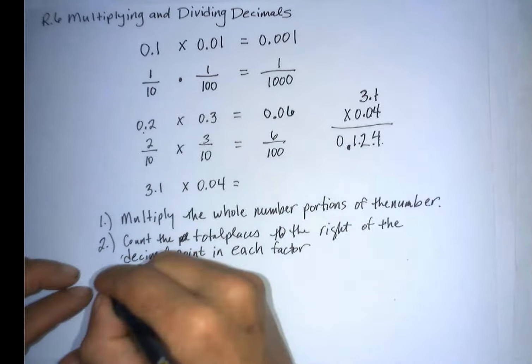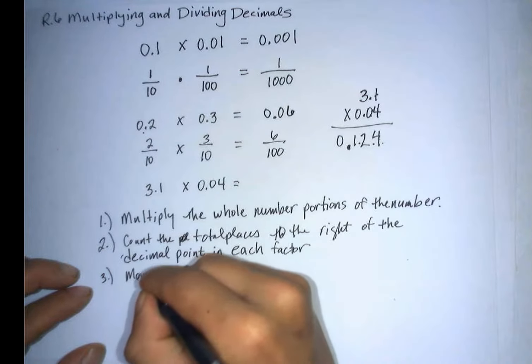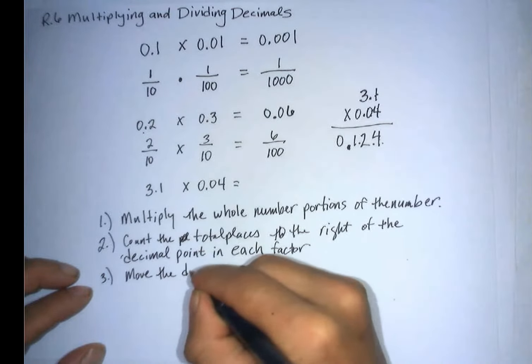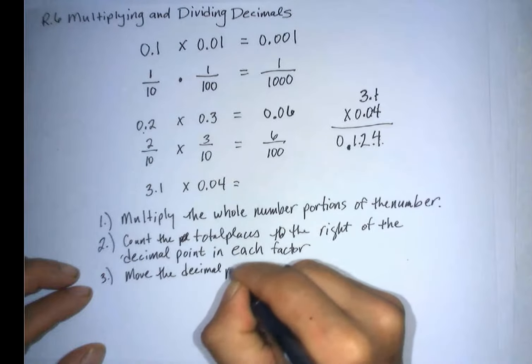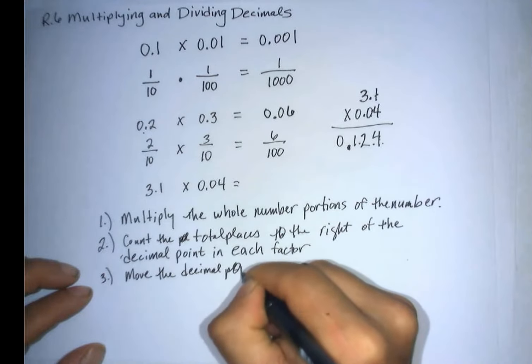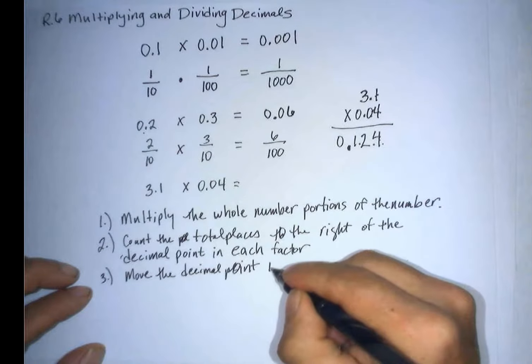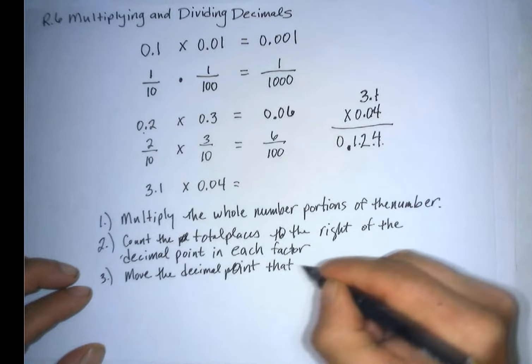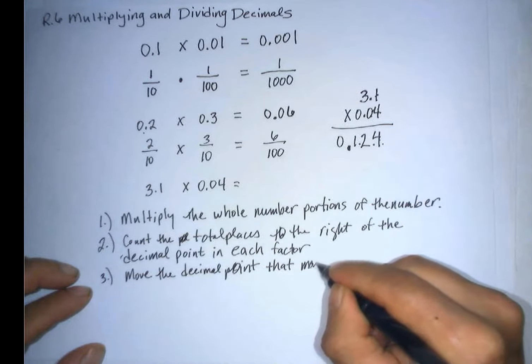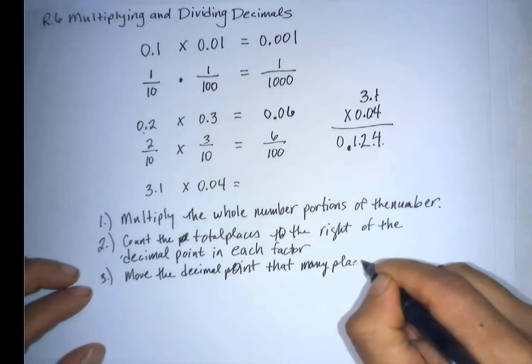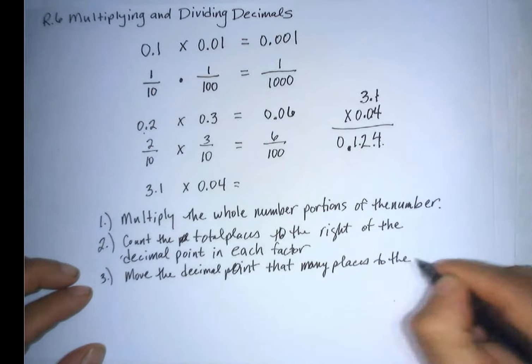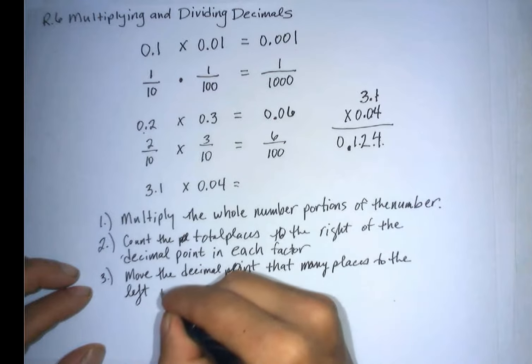And then the third step is just to move the decimal point that many places to the left in your product.